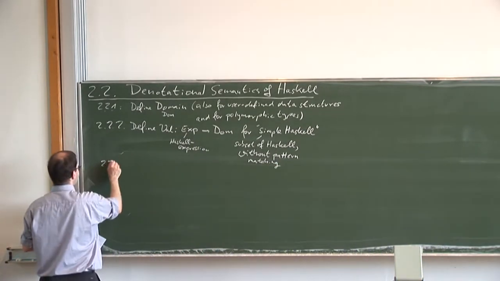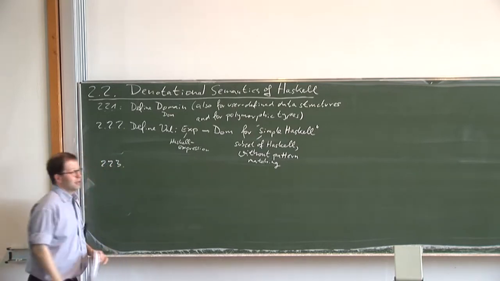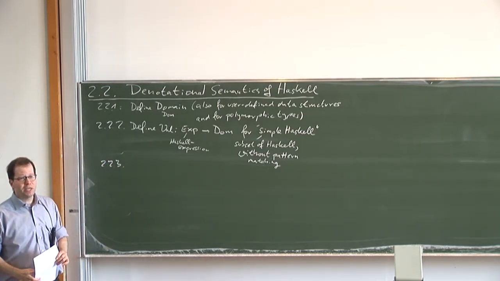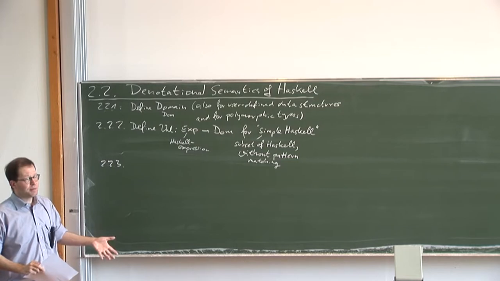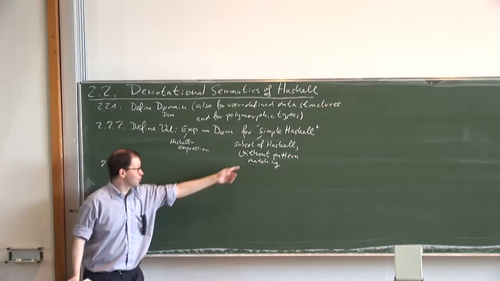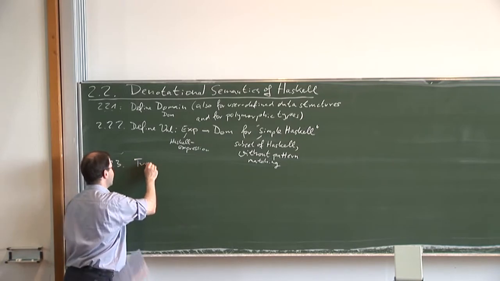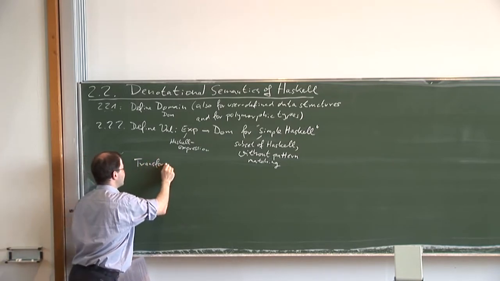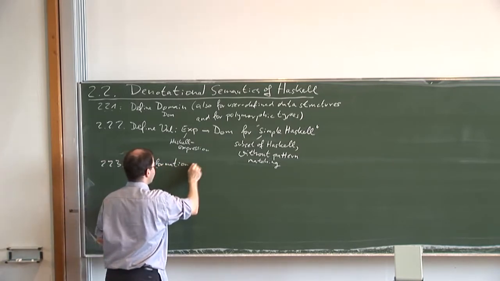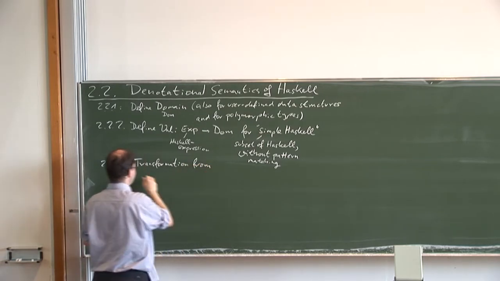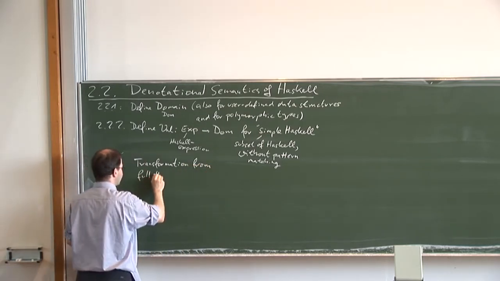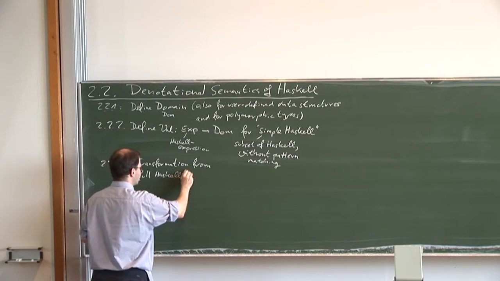Therefore, in section 2.2.3, we present a transformation to transform a more or less arbitrary Haskell program into a program in simple Haskell. This is a transformation from full Haskell to simple Haskell.